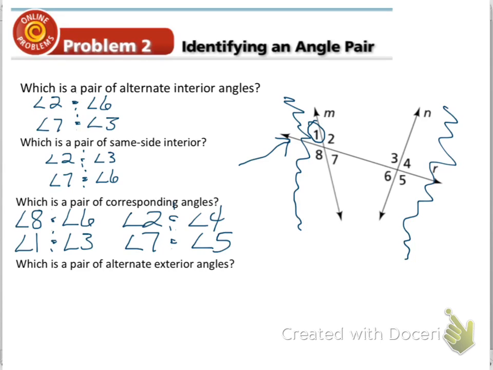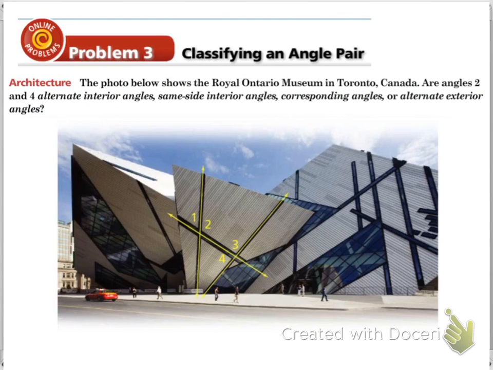See how it's alternating on the outside? So angle 1 and angle 5. We also have 8 and 4, so angle 8 and angle 4. Those are alternate exterior angles.